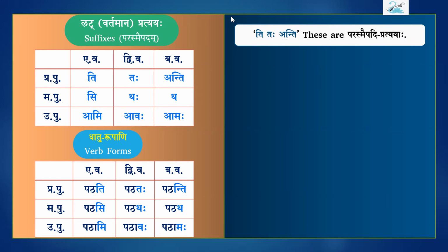So it is good if you use ati, atah, anti, asi, athah, atha, ami, avah, amah. Those pratyayas belong to parasmaipada. Whenever you find any verb ending with ti, ati, asi or ami, those dhatus belong to parasmaipada.